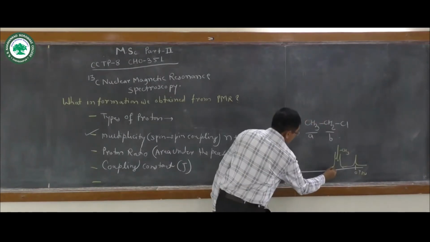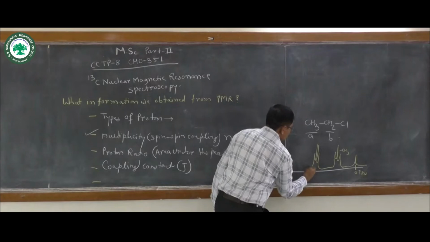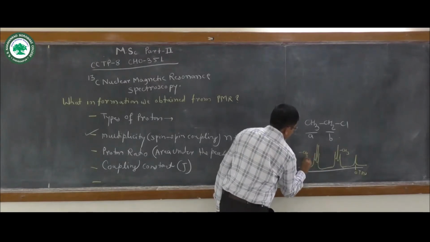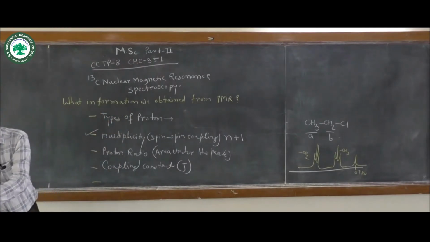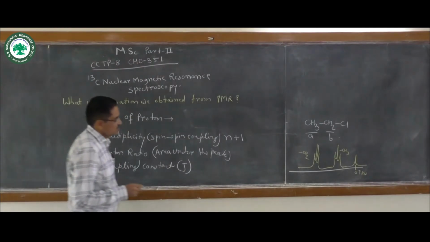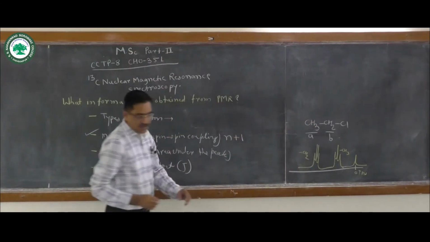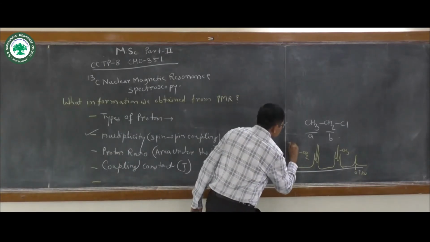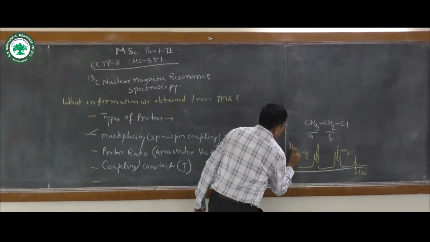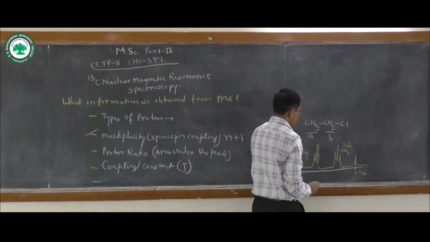CH3, and this is the signal for CH2. The coupling constant is nothing but the J value, and for CH2 this is JBA, and for CH3 it is JAB.